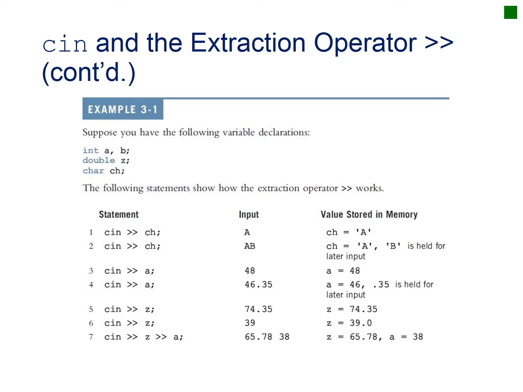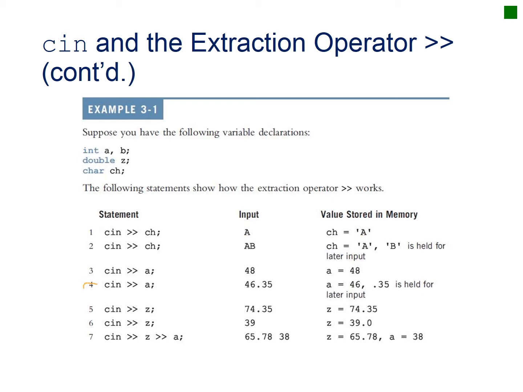Let's look at some examples using cin and the extraction operator. Table 3-1 gives us the following declarations. A and B are of integer type, Z is of double type, and CH is of type character. On line 1, we are given the input of A. This stores the letter A in the variable CH.